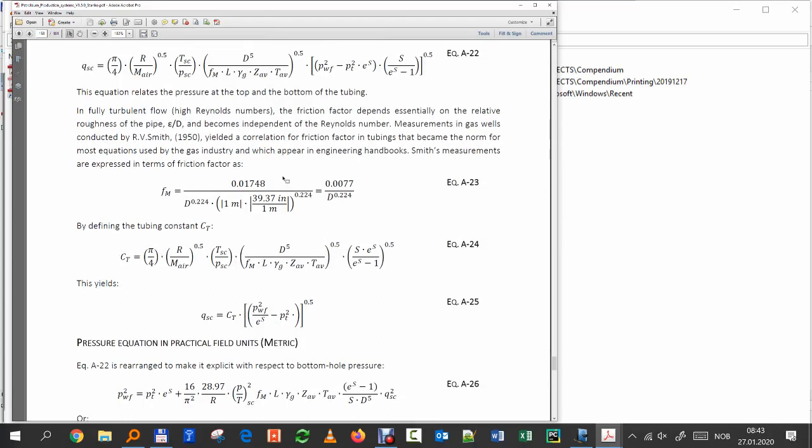Friction factor, it was, I think, Smith, to say friction factor is only a function of diameter, and that's essentially because the roughness of the pipe is just a function of diameter, simply by manufacturing. All the mills always have more or less the same roughness. And it's that expression here, 0.077 d over.